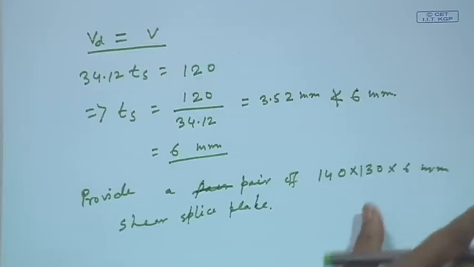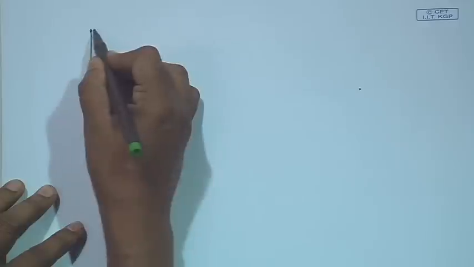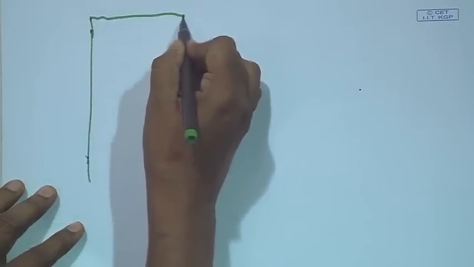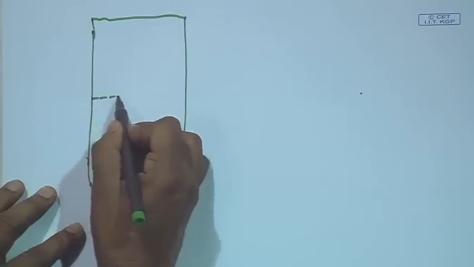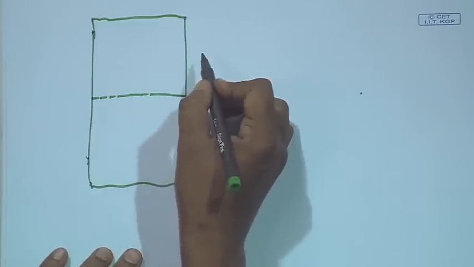Okay. So, now if we draw the total diagram to see the splice plate and its weld distribution, then we can see that in front view it will be like this. Say this is the column, here two columns are spliced.